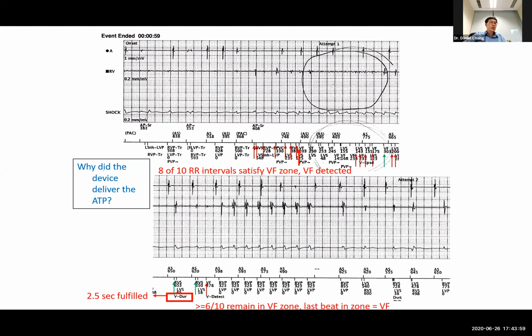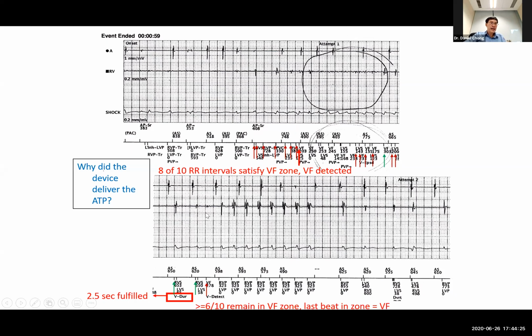And if you were to look from the point in time just before the ATP was initiated, you can see that at least 6 out of 10 of these intervals, all those in red, remain in the VF zone. So therefore, the VF is still on, the device still thinks VF is ongoing.